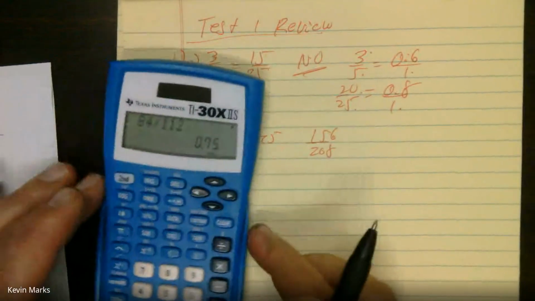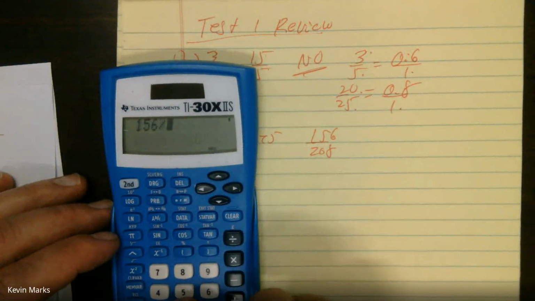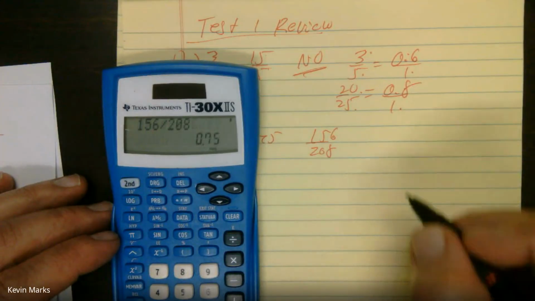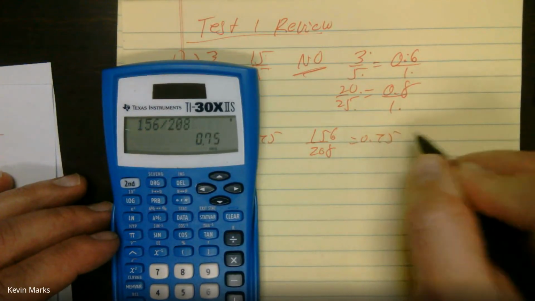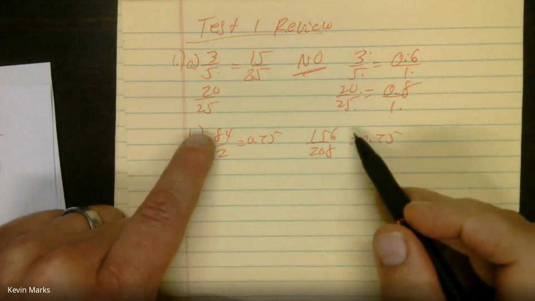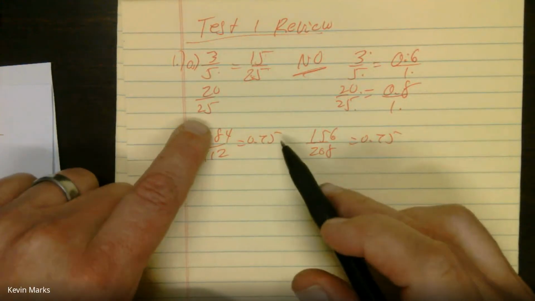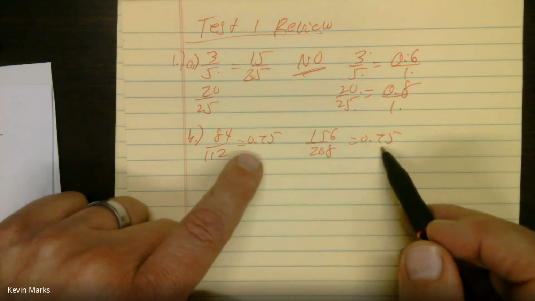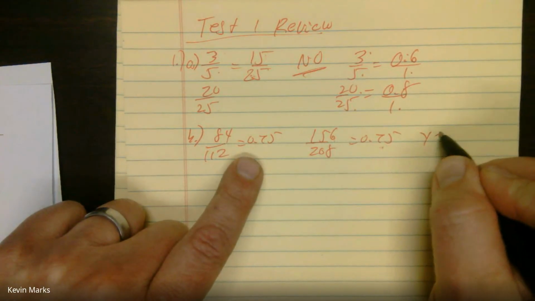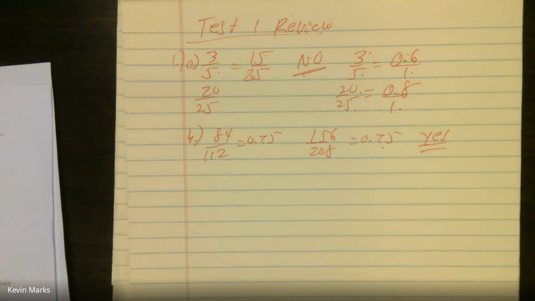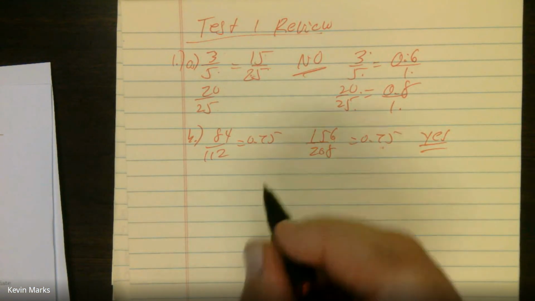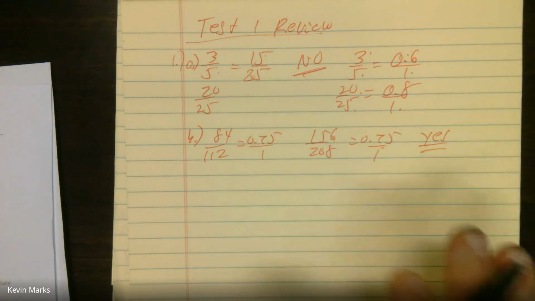But now if I did 156 compared to 208, you're going to get 0.75. So it may not look like it, but they're totally different numbers, and keeping 84 out of 112 is indeed the same as keeping 156 out of 208, because they have the same comparison out of 1.